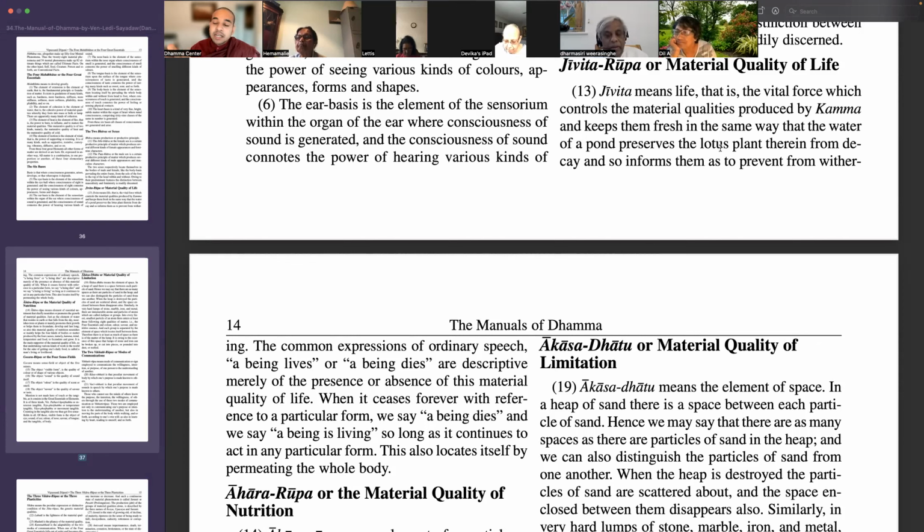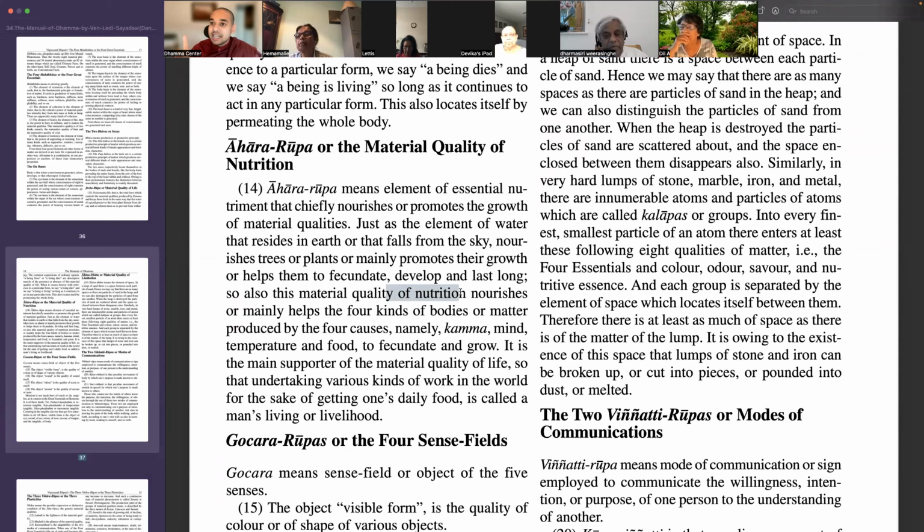Whilst in ahara, it is the nutriments that go on fueling the lotus to bloom and come into that full position. Do you understand?